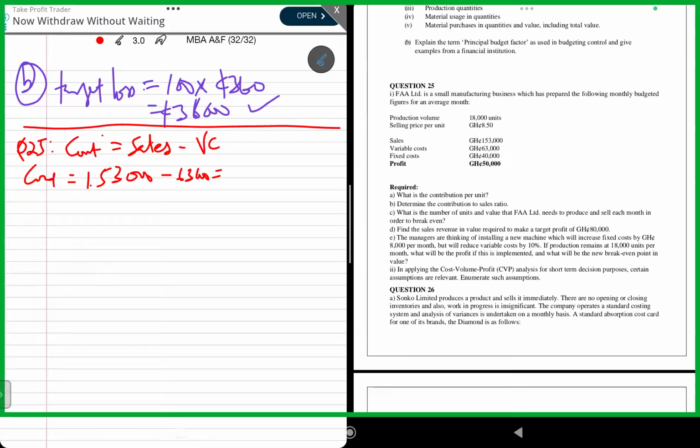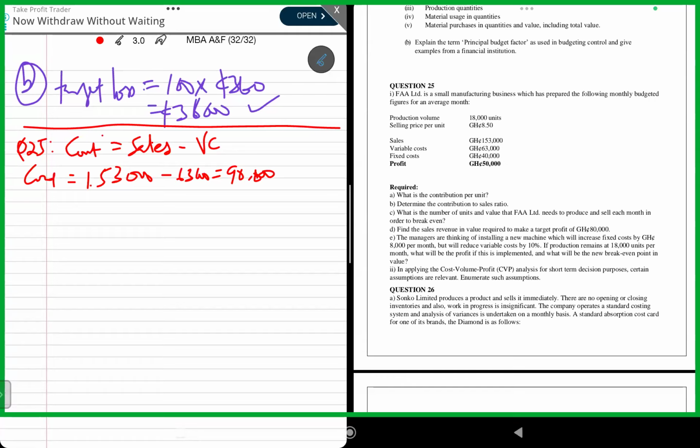What is our contribution? Yes, 90,000. Good. Then it says we find contribution per unit, not total contribution.